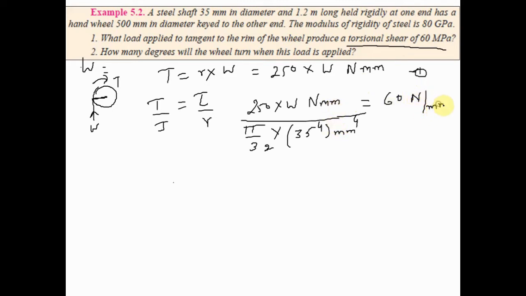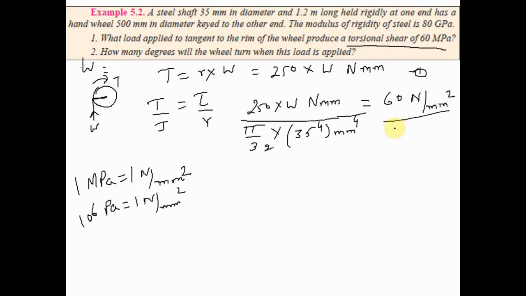That's a shortcut: 1 megapascal is equal to 1 Newton per millimeter square, or in other words, 10 to the power 6 pascals is equal to 1 Newton per millimeter square. So here it was given 60 megapascals, so directly we can use 60 Newton per millimeter square for shear stress.